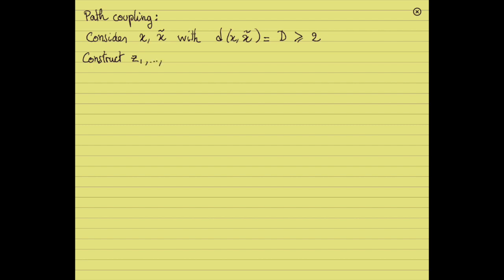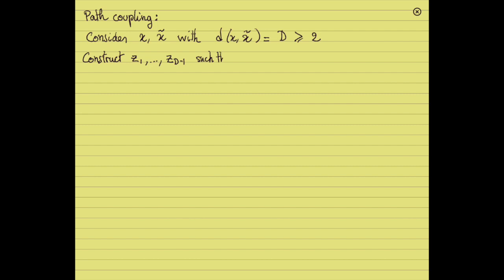So let us see why the path coupling argument works. It's an argument that works for the Ising model, but also in many other cases, discrete but also continuous. So let's consider x and x tilde that are in fact far away. So their distance is equal to capital D, say more than 2.